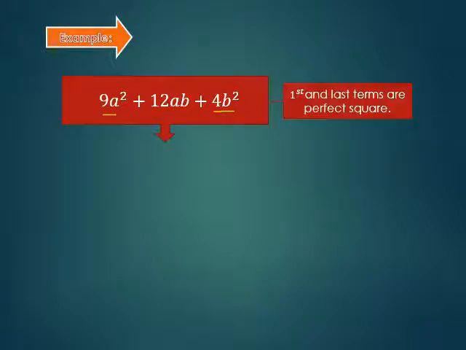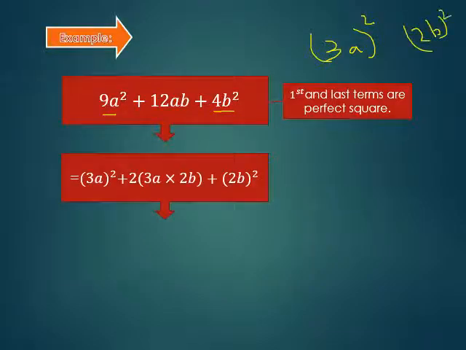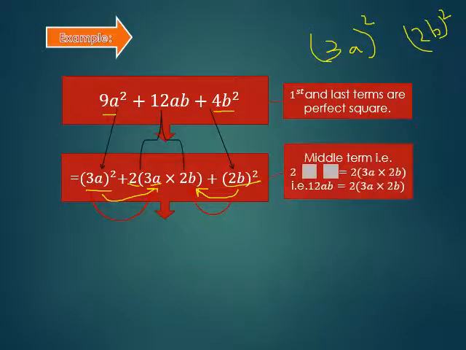These are perfect squares, as 9a square is the perfect square of 3a whole square and 4b square is the perfect square of 2b. Next, the middle term, that is 12ab, can be written as 2 times the product of the extreme terms, that is 2 times 3a into 2b. It becomes 12ab. You can observe.